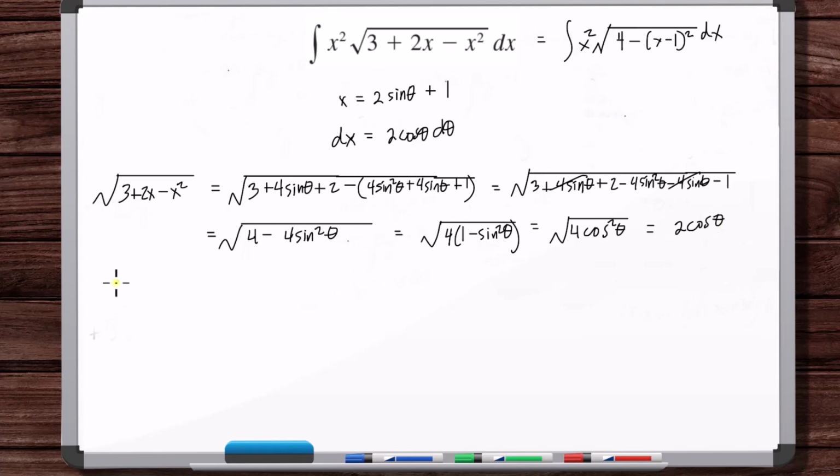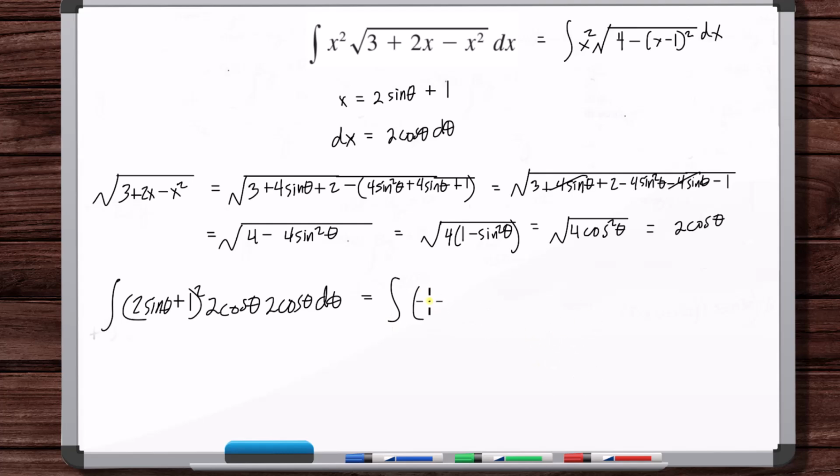Okay, so x squared is 2 sine theta plus 1 squared, times 2 cosine theta, and then dx is 2 cosine theta d theta.